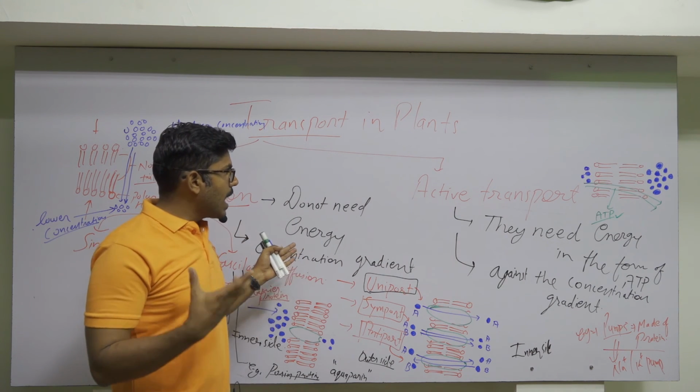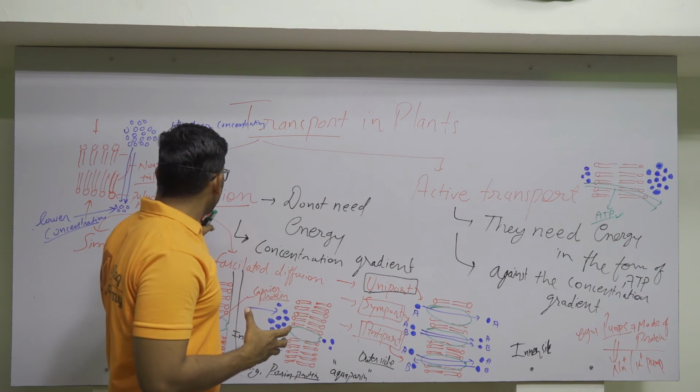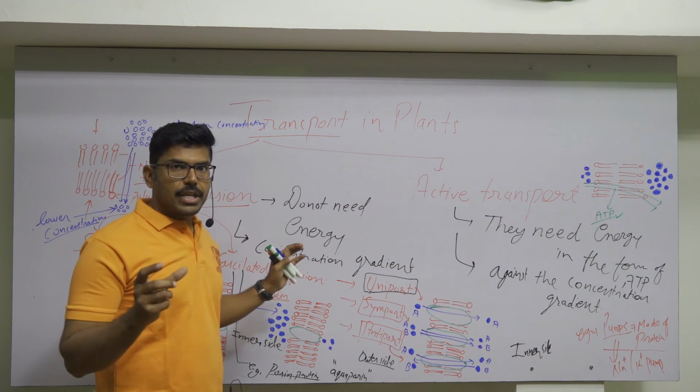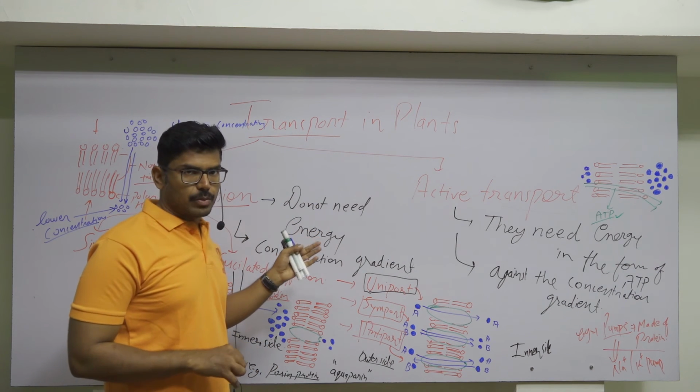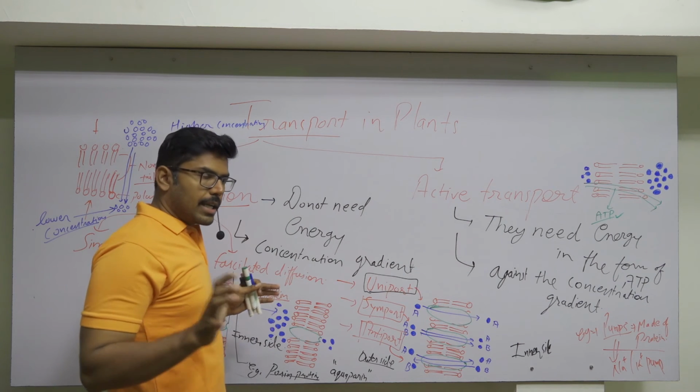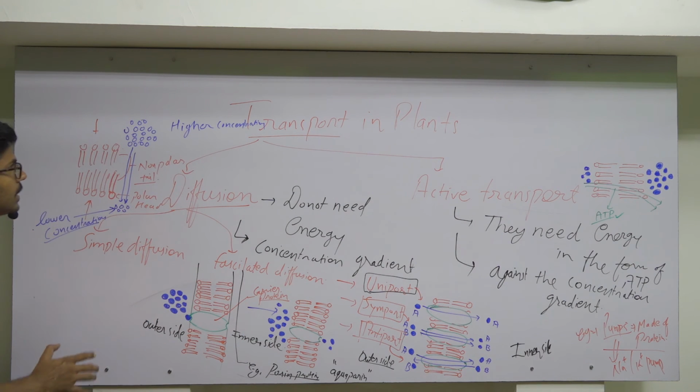So that happens over a nearby or lesser distance. That is diffusion and active transportation. Get it? So this is the complete transportation which happens in plants.